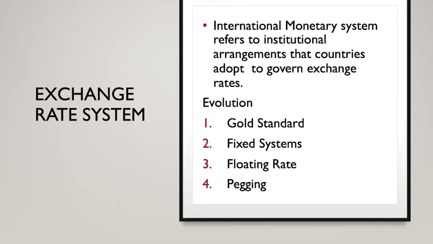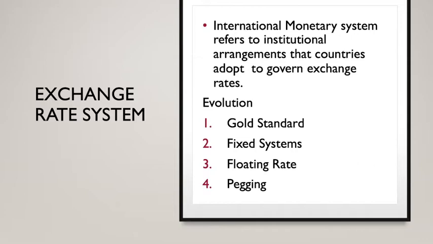The international monetary system refers to the institutional arrangements that countries adopt to govern exchange rates. The gold standard and the international monetary system have different arrangements to govern exchange rates. This is the historical perspective of the global monetary system. Whatever we study, we need to also look at the past, present, and future.